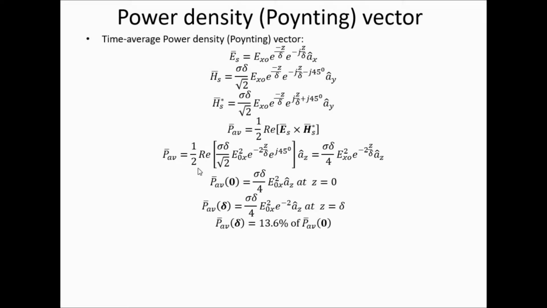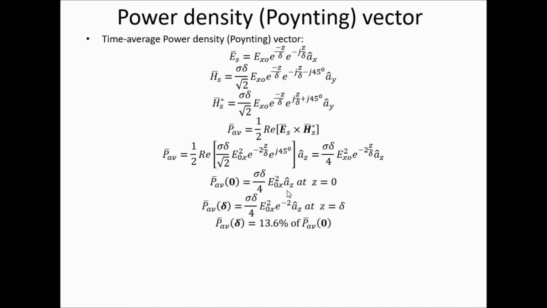Now if you want to find power at z equal to 0, the time average power will be sigma delta over 4 Ex0 squared az, and the time average power at the skin depth, the expression will be like this. If you replace this expression here, you'll see this is equal to e to the power negative 2 times the 0 power, so at the surface power.